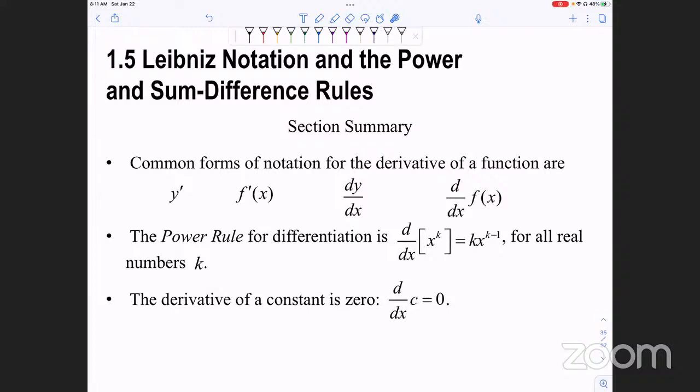The d by dx of 0... a constant can be written in the form of, for instance, the number 2 is the same as 2 times x to the power of 0. But because the zero function does not have a unique exponent, it can be written in several different ways, like 0 times x to the power of 0 or 0 times x to the power of 2.